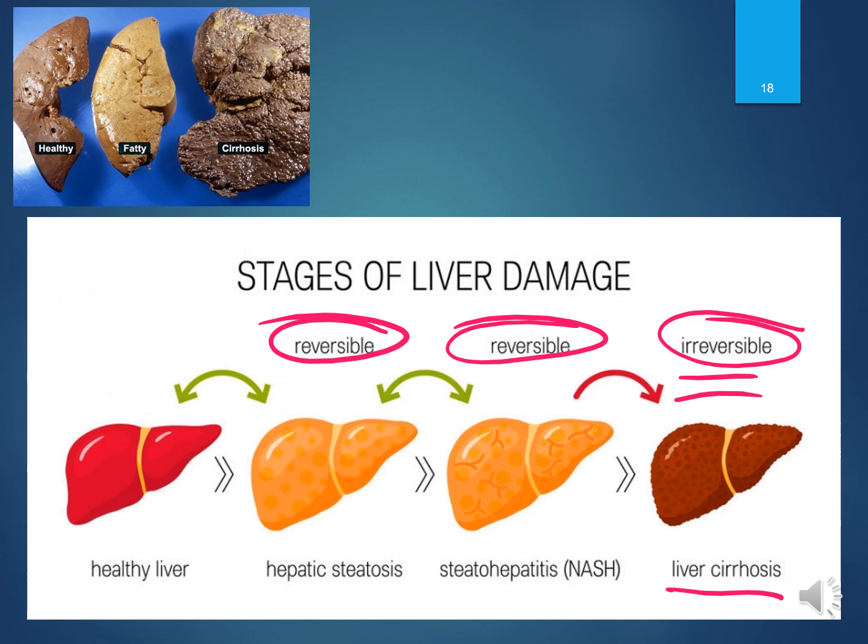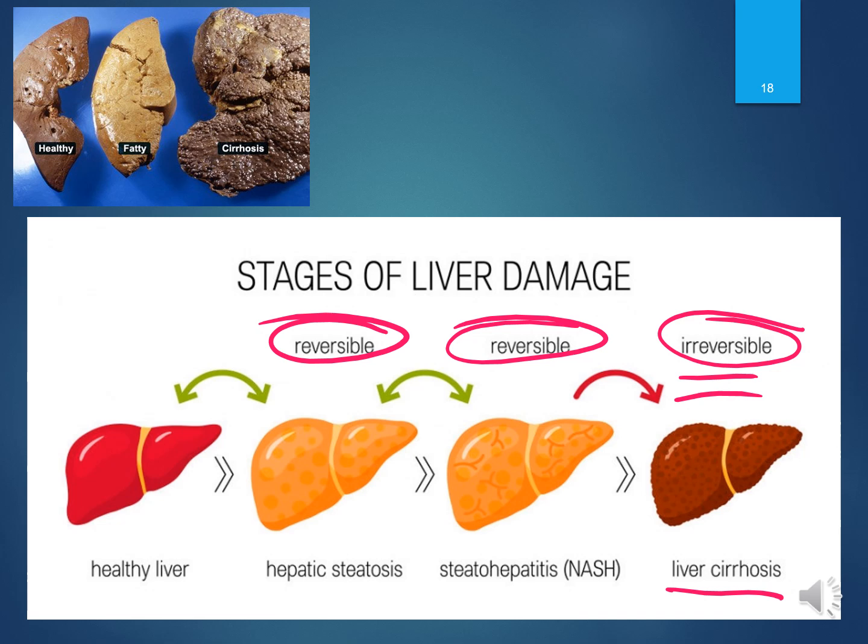That part is reversible. How would that be reversible? Through diet and exercise, as long as the cause is poor diet. There are other causes of fatty liver, which we'll talk about, but typically what's causing fatty liver is too much fat intake, okay? After a little while, there's too much fat in that liver, and then it starts to get inflamed.